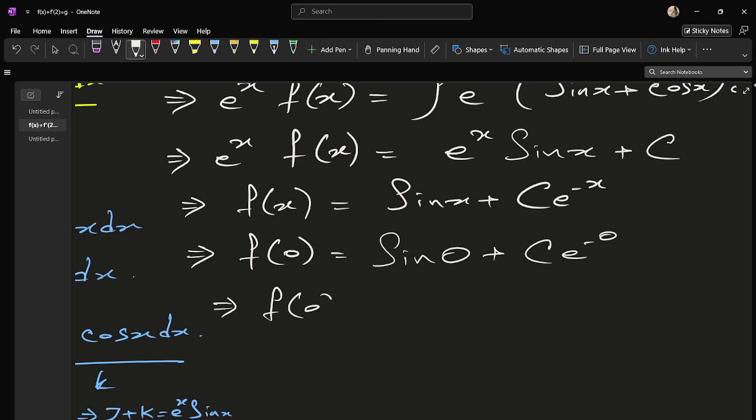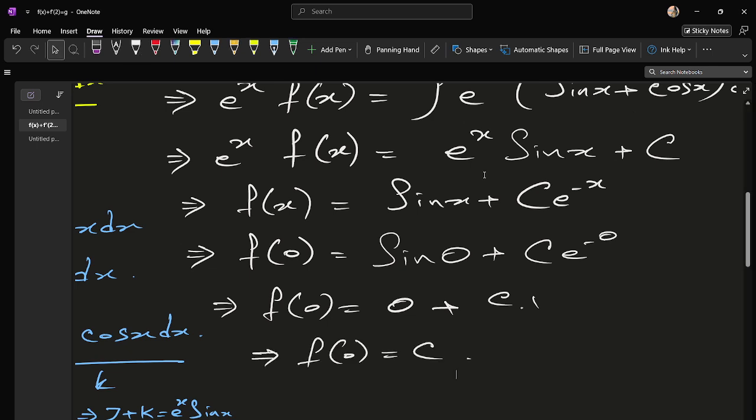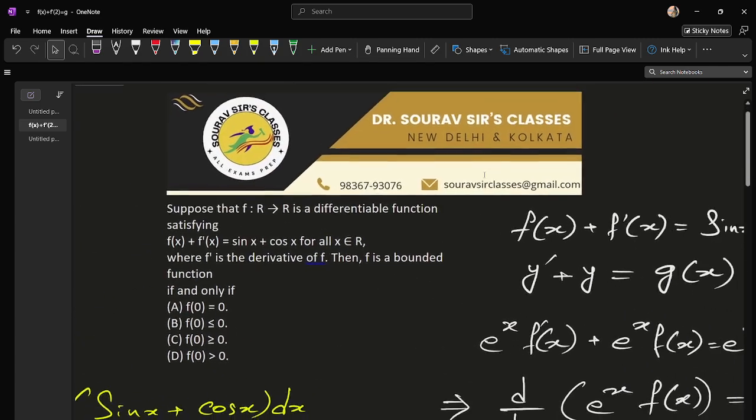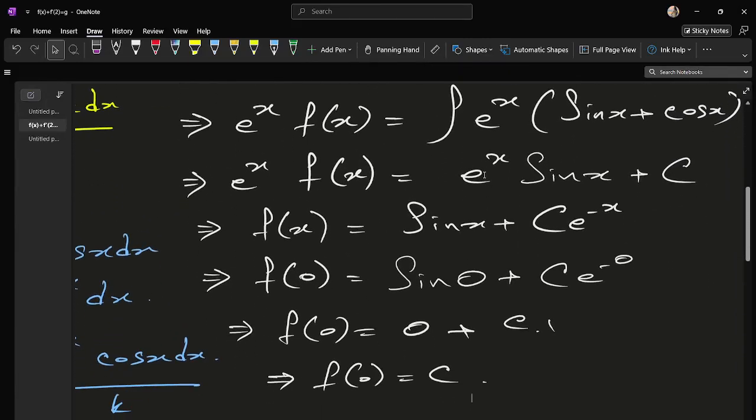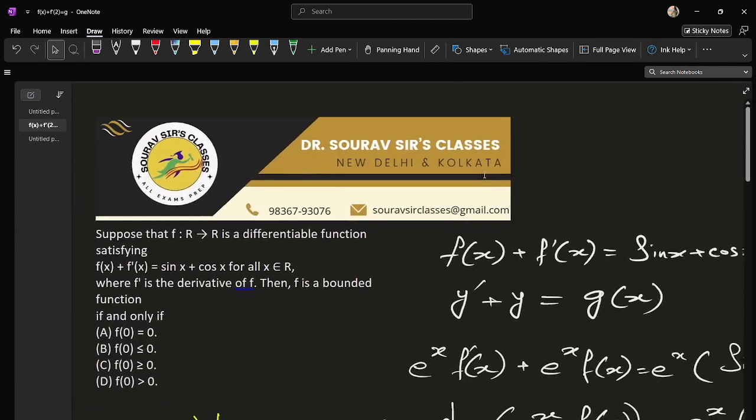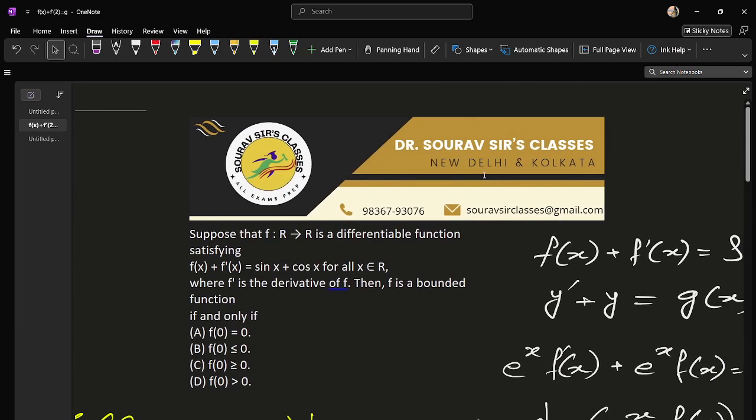So our f(0) is equal to 0 plus c times 1. So our f(0) is some constant only. Only this thing can be concluded from here.